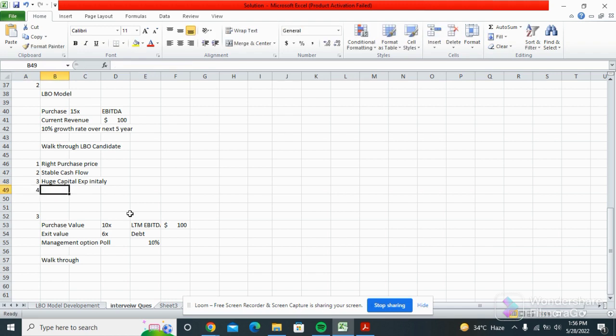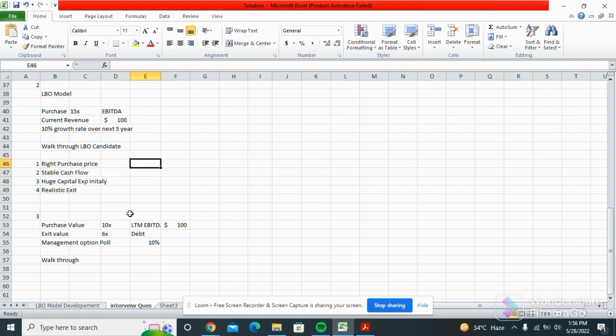After this, the fourth one is realistic exit. What is a realistic exit? Exit is basically that we compare the purchase price and the exit multiples.